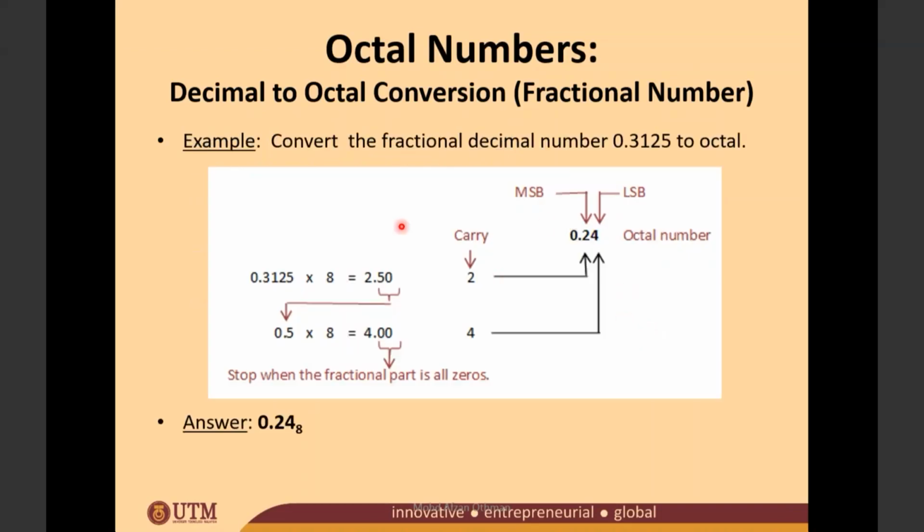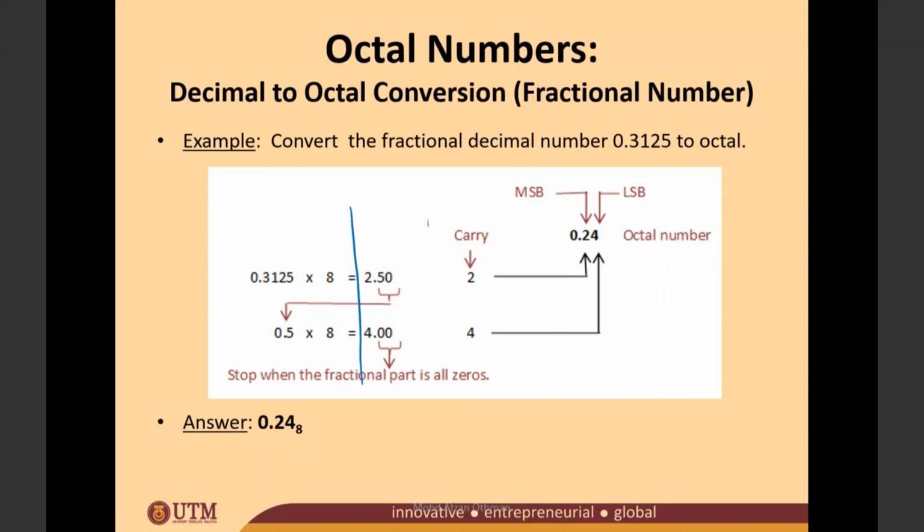Okay, contoh tadi 0.3125 to octal. Kalau darab ni mungkin kamu boleh buat terus. Yang bahagi tadi yang payah sikit. So 0.3125 darab 8, so kamu akan dapat 2.5. Since fractional product masih lagi tak sama dengan kosong. Tadi kan saya bagi kepada 3 bahagian.